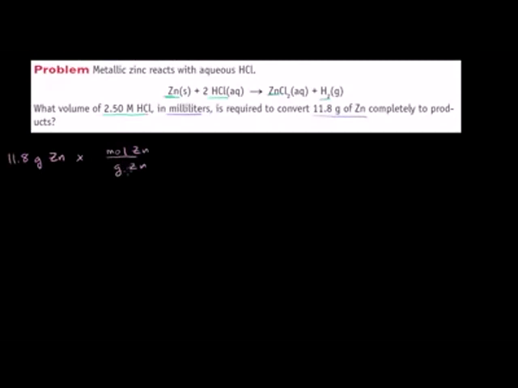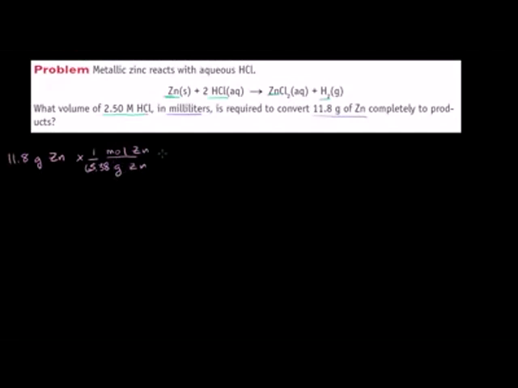If you look it up on a periodic table, zinc has an atomic weight of 65.38, so its molar mass is 65.38. So it's 1 mole for every 65.38 grams, or roughly 1/65th of a mole per gram.